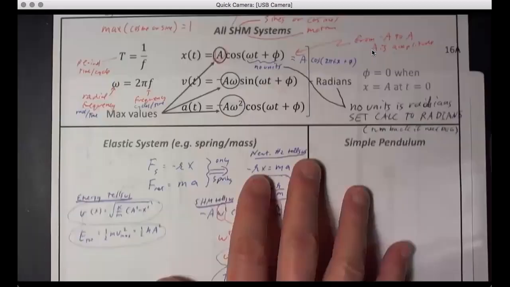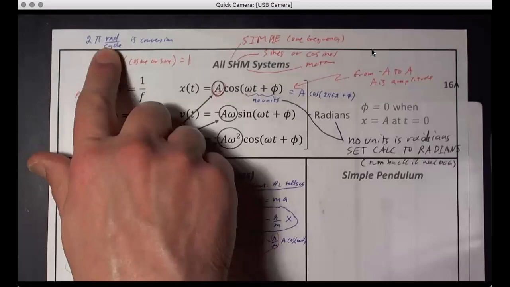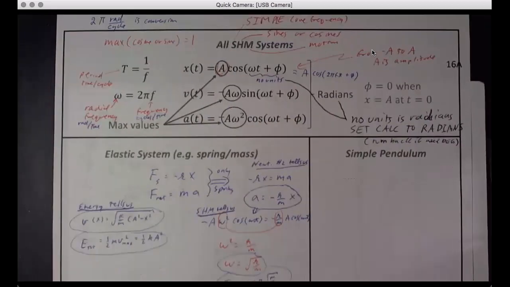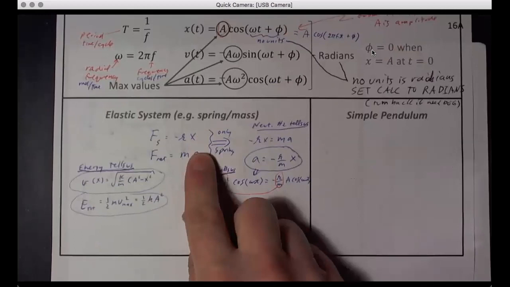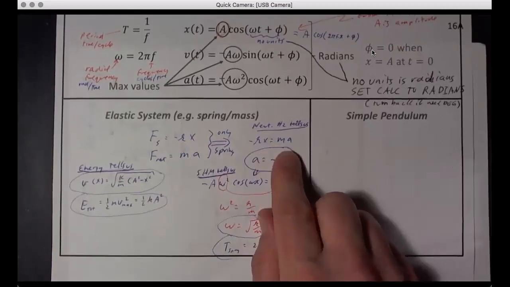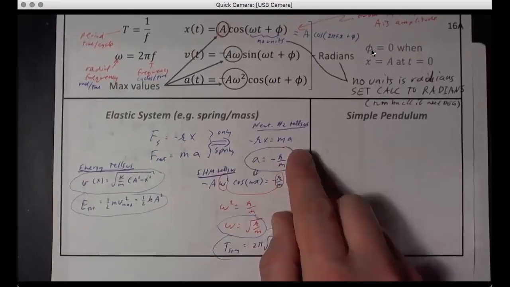First, all this stuff on the top still holds, including that conversion to 2 pi radians per cycle and all these formulae. For an elastic system, as you know from watching the video, if you take Newton's law and apply it, you're going to get this relation between force and acceleration, right? F equals ma, brings the force, there it is. And if you solve for a, you get this.